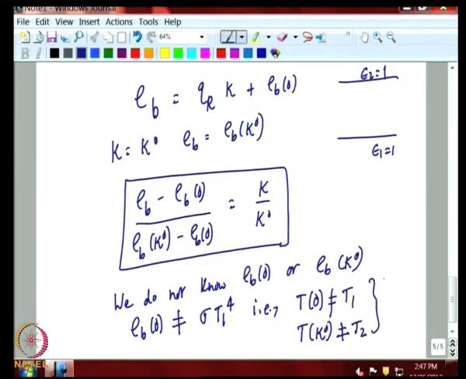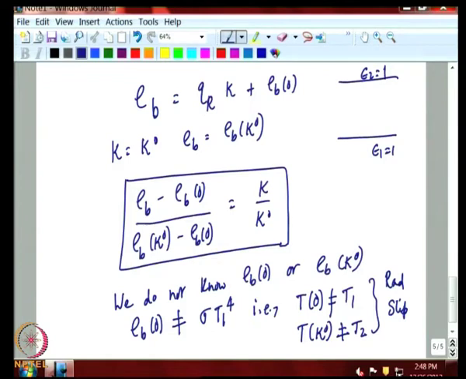This is because of radiation slip. So, because of radiation slip, we a priori do not know what E b and E b 0 are. We need to find ways to calculate this quantity from our basics.